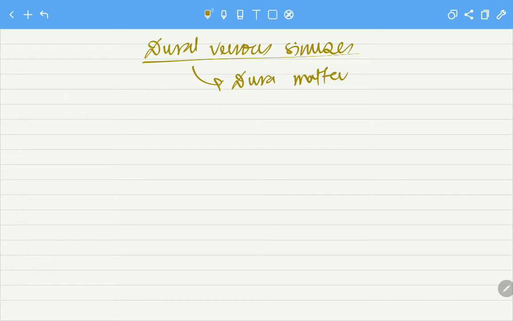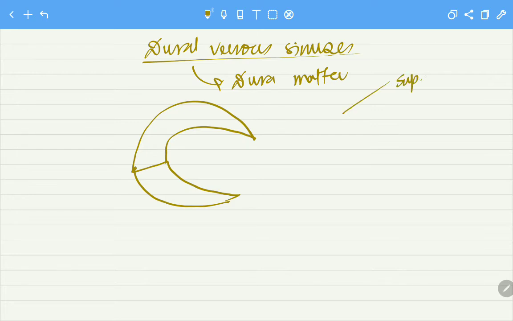Now if we look at the meninges, this is our falx cerebri. This is our tentorium cerebelli. So we have got the superior sagittal sinus and the inferior sagittal sinus.